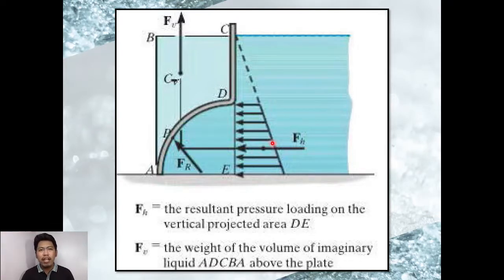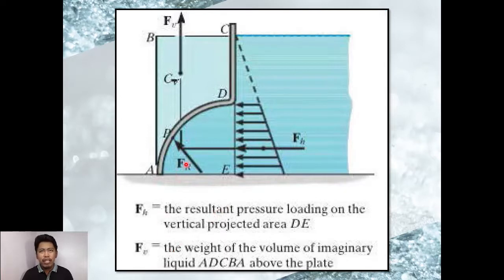Sabi dito, F sub H will be the resultant force, pressure rather, loading on the vertical projected area, PE. Sabihin yung pag-project kasi ng ating mga forces, usually ito nakalim sa Pascal's law, di ba, na kapag any direction, meron kang pressure equal to itself. No? So, ayun po yun. Yung ating, sa point na to, yan yung projected area na sa DE. Kasi kung mahaba yan, considering na isang strip yan, di ba?